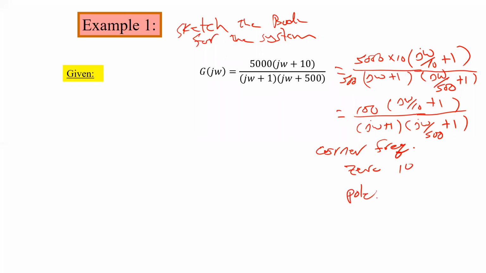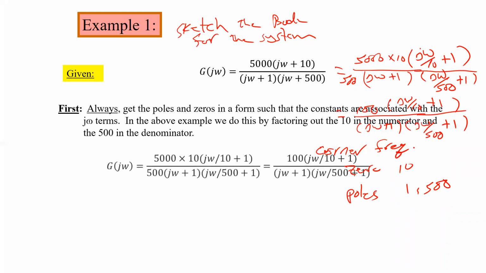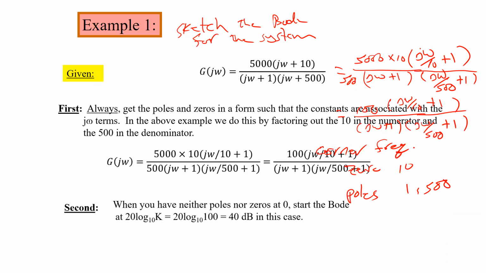Poles: 1 and 500. Exactly, this is what we have. So the corner frequencies are the locations of the poles and the zeros. So I have it in the format which I want. Let me start sketching one at a time.